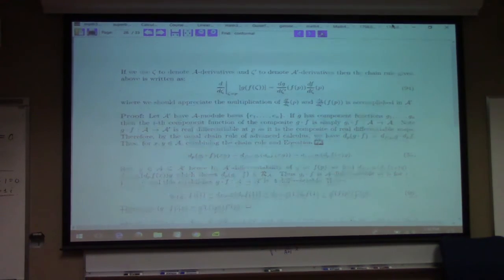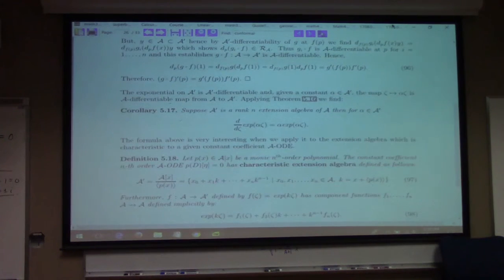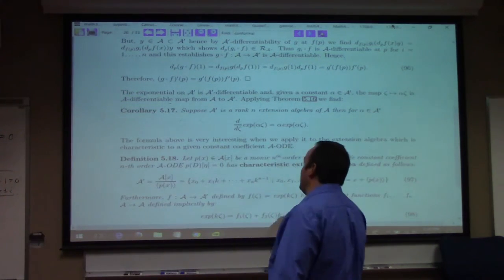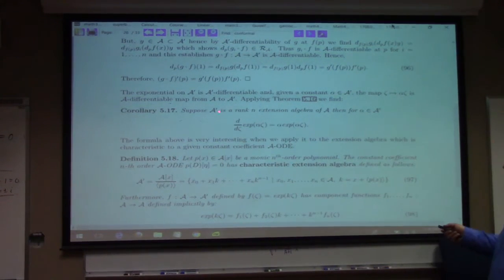To summarize, the chain rule follows from the usual chain rule in advanced calculus and right linearity of the assumed functions. So what? Well, corollary. If we have an exponential function, we can look at the exponential function exp(αζ), where α is a variable in A', and ζ is an algebra variable in A. So the mapping ζ maps to exp(αζ).